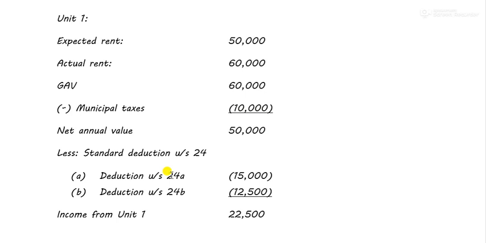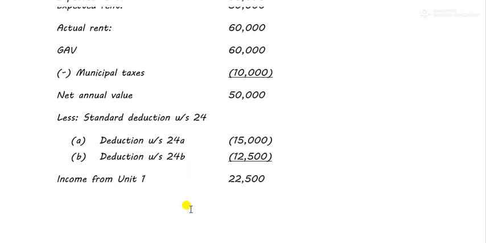Reduction will be given at all times, 30% reduction will be given always. So under 24A, 30% of 50,000 is equal to 15,000, and the reduction under 24B is the interest on loan, which is 12,500. So income from unit 1 comes to 22,500. This is the income from unit 1.